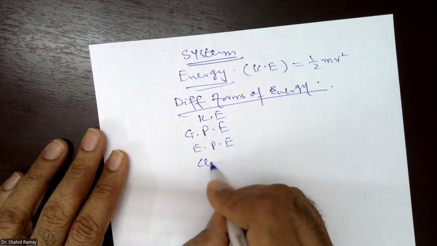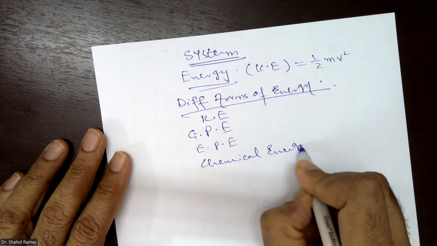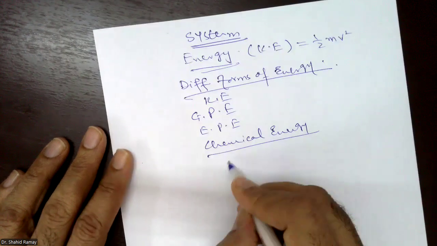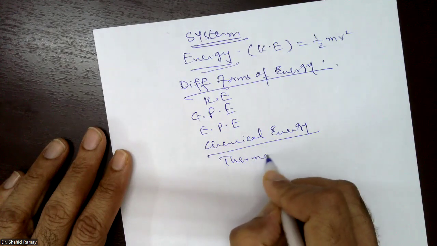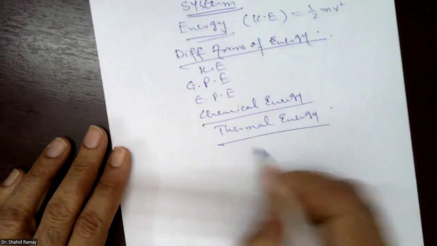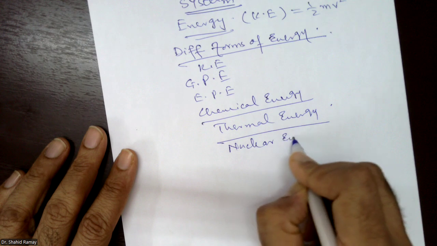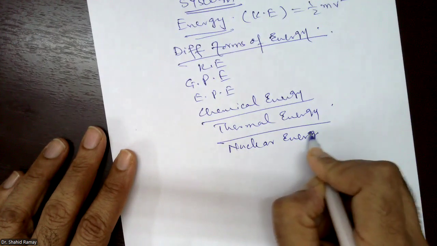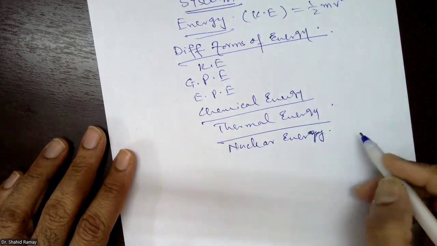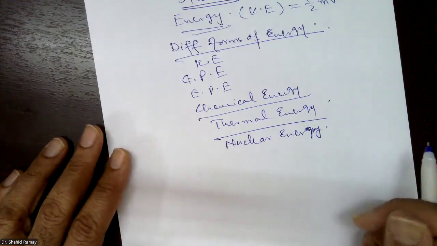And we have chemical energy, and then thermal energy, and then nuclear energy. So these are the kinds of energies which we have already discussed in the previous lecture.